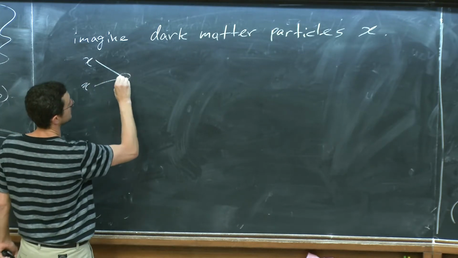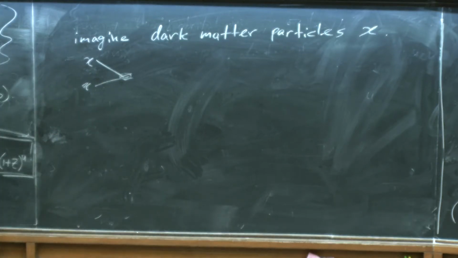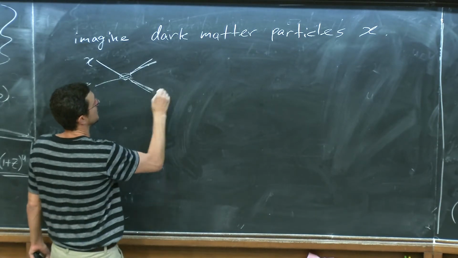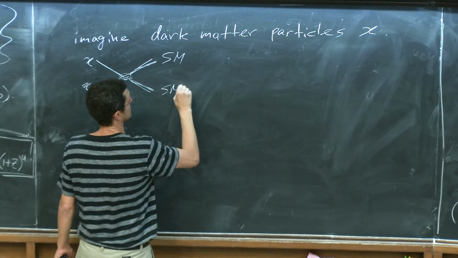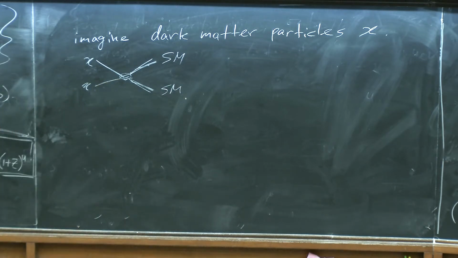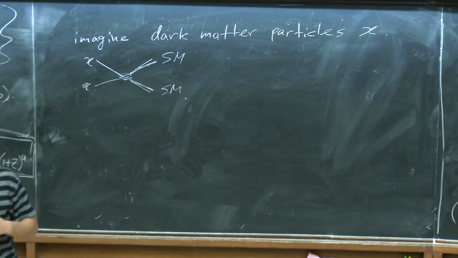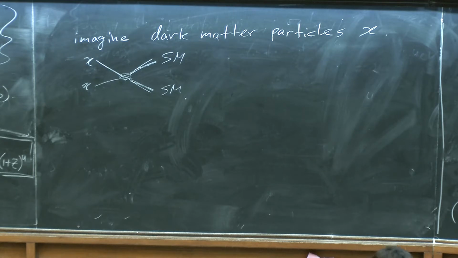So we're imagining that they're colliding with each other. Chi collides with chi through some interactions. We don't really care what interactions. And in this annihilation, they produce standard model final states. And one thing that I really like about this analysis is that we are not very sensitive to what is exactly the standard model final state. So I personally suffer when there is discussion on detailed model building for dark matter because we simply don't know what dark matter is, right?